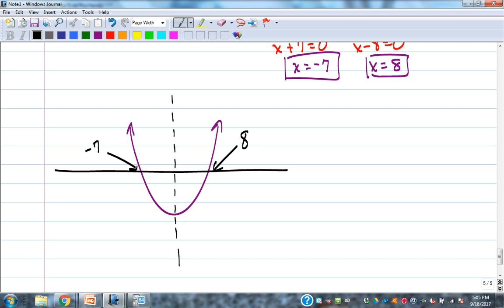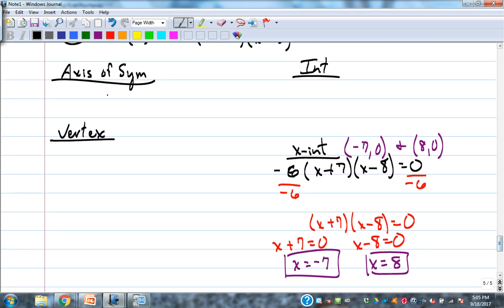If you remember the midpoint formula, you probably used it in a geometry class for like a week, and then never touched it again. But for midpoint, just add them up and divide by 2. That's where that trick is coming from. -7 plus 8 divided by 2 is 1/2. So the vertex is at 1/2, something.